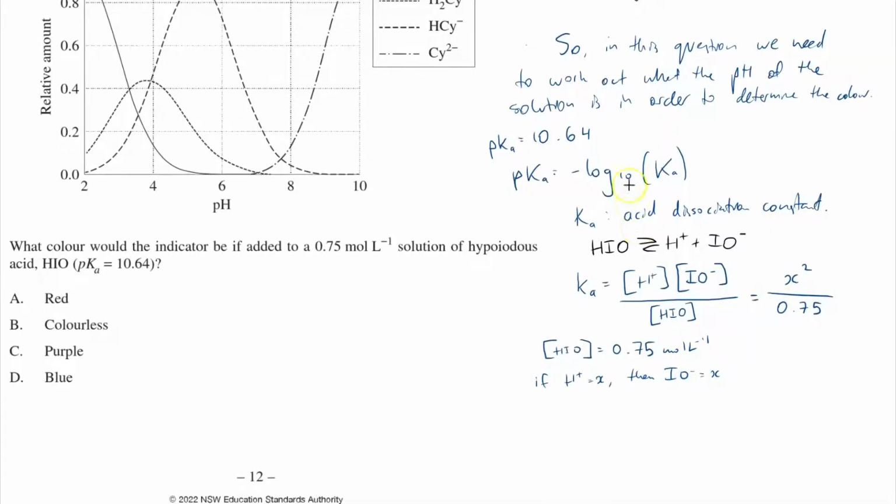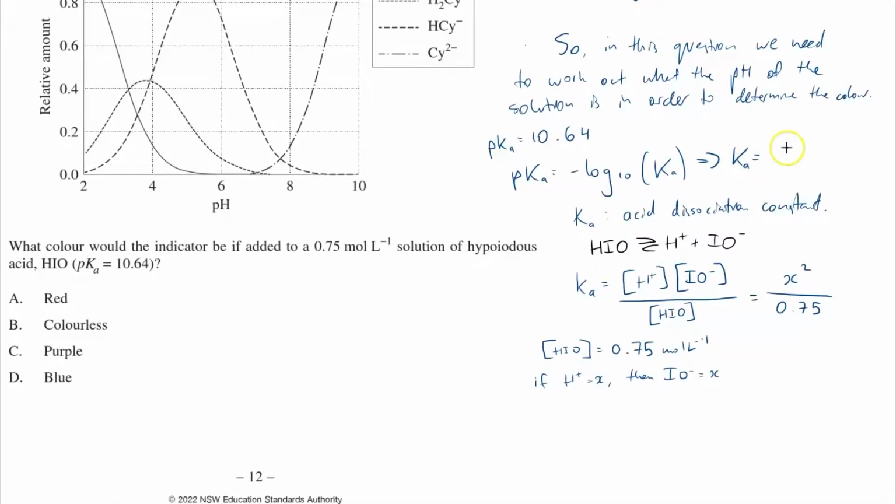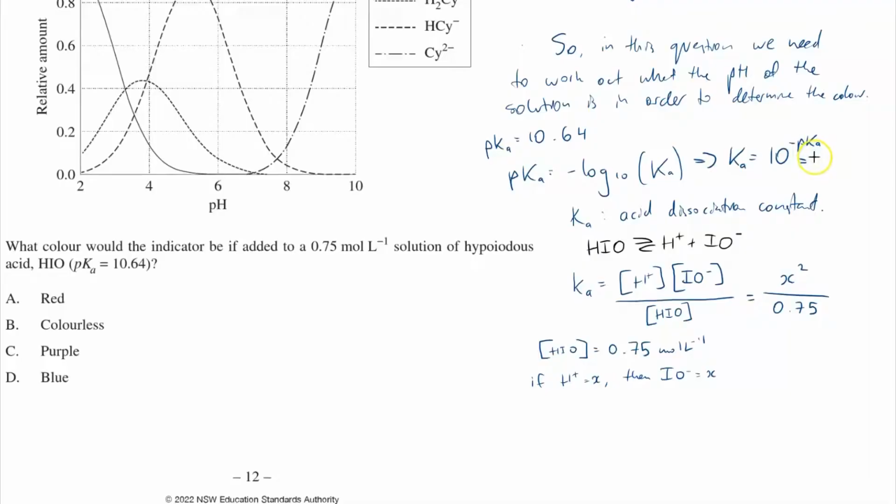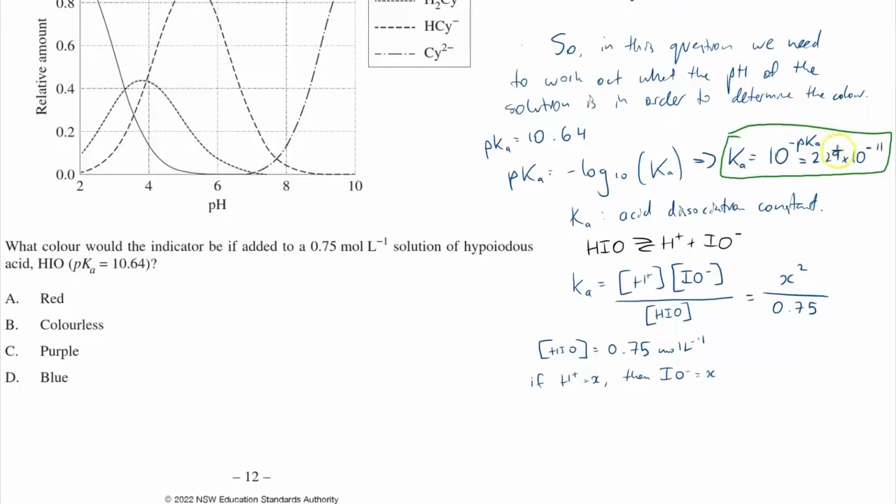Now, returning to our expression for the pKa value, we can determine the Ka value by rearranging the equation to make Ka the subject. That is, Ka is equal to 10 to the power of negative the pKa value. Plugging this in our calculator, we get 2.29 times 10 to the power of negative 11. We can now use the Ka value, specifically the numerical value, and plug it back in to what we've got down here.